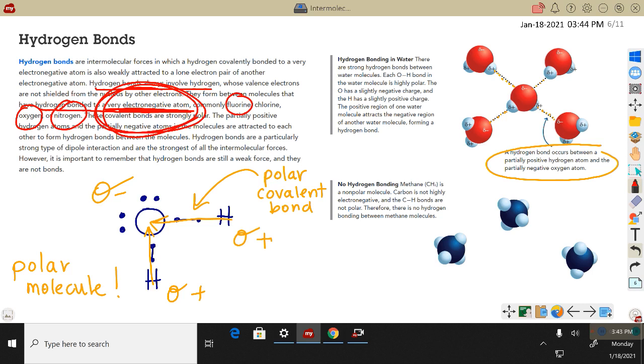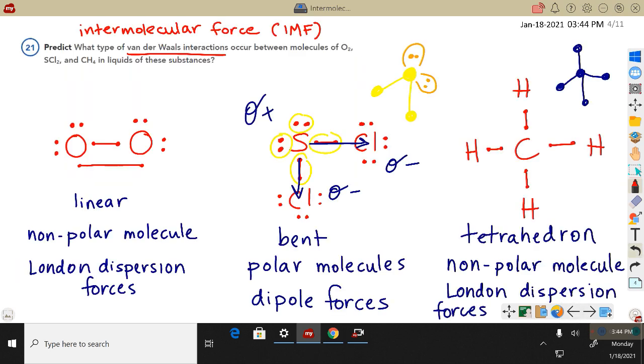So here they're giving us an example of CH4, but if you were to sketch CH4, which we did previously, there he is, CH4 is a nonpolar molecule. And so there really is no substantial region of charge. And so you can't just say, well, anytime there's a molecule with hydrogen, it's going to have these hydrogen bonds.